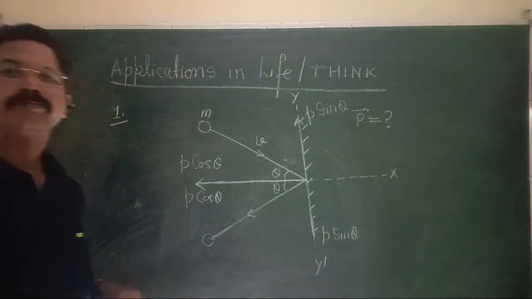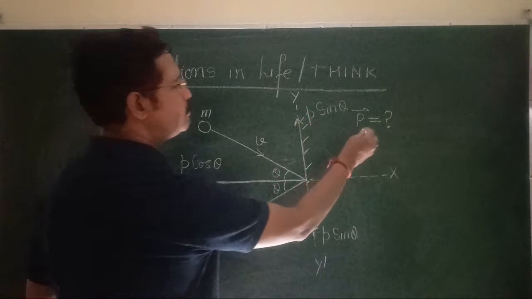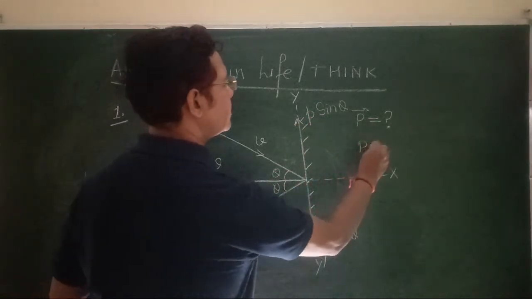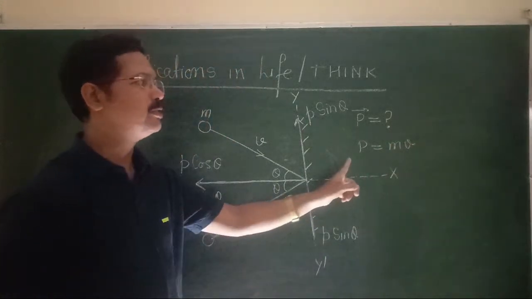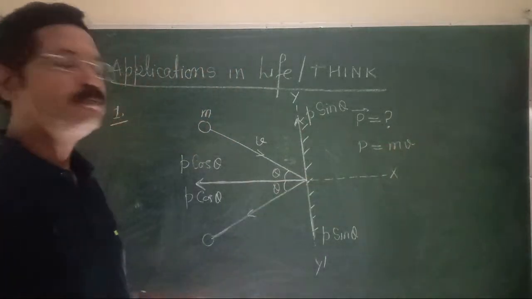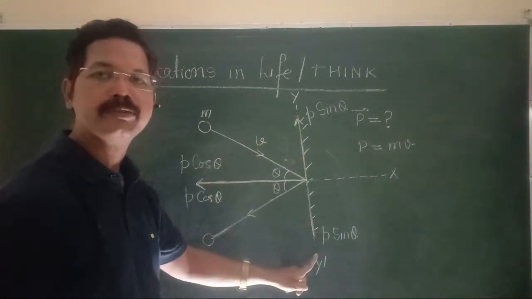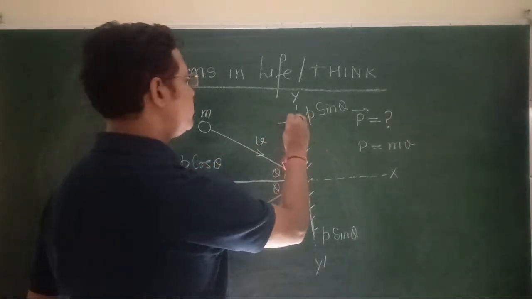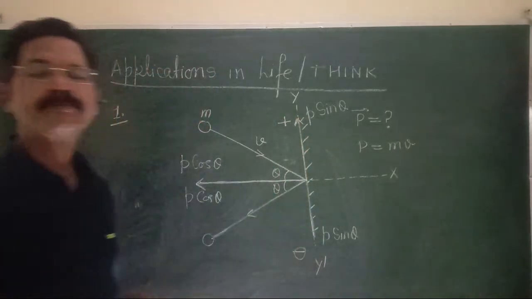P is equal to mass into velocity, it means this is momentum. So one momentum is positive, the other is negative. This is positive y-axis, this is negative y-axis.